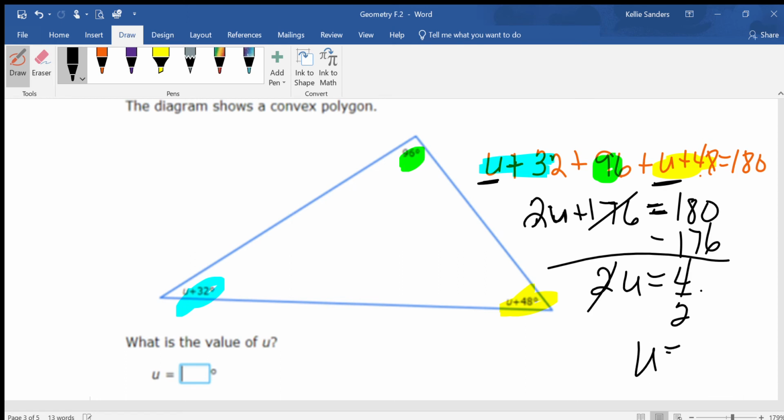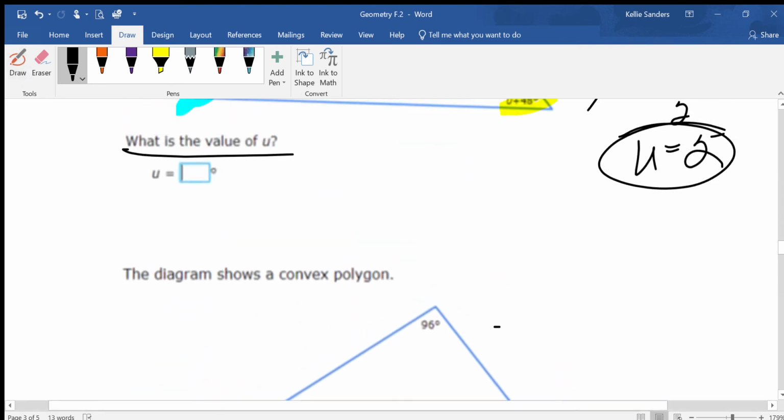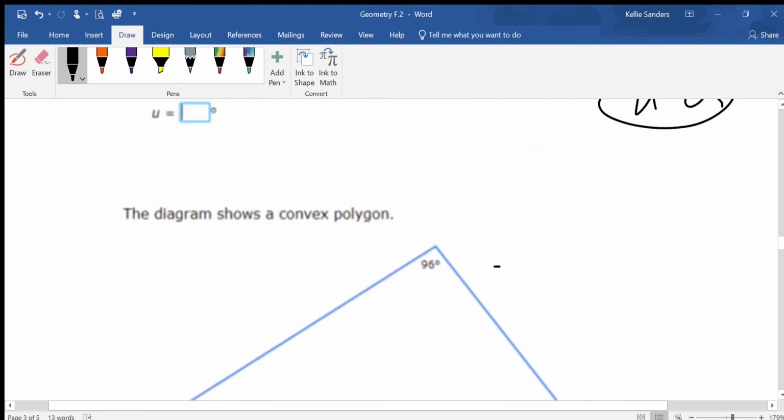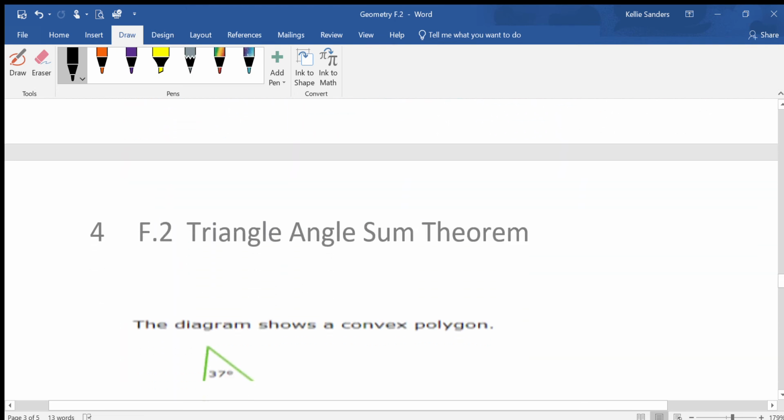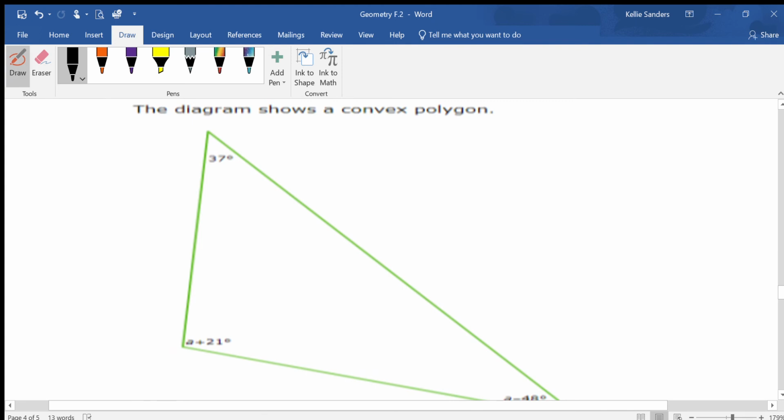Divide by 2, and U equals 2. What's the question? What is the value of U? Did we find it? Yes, it's 2. That's the same question, isn't it? U plus 32. That's the same question. I guess I doubled it for some reason. My bad, sorry.